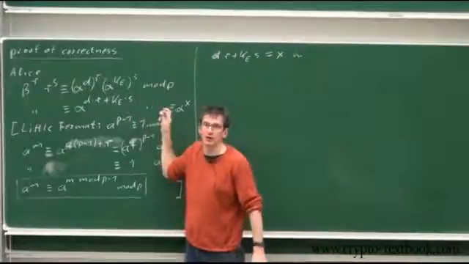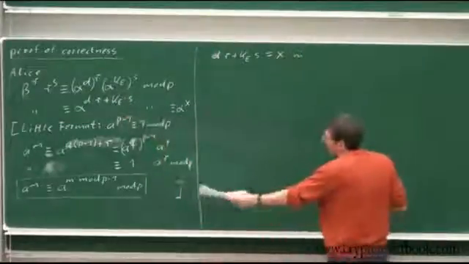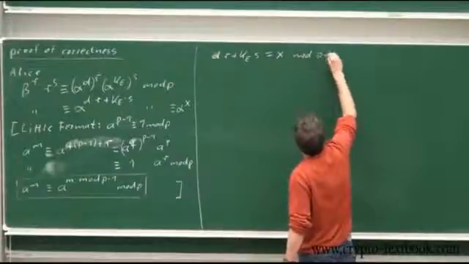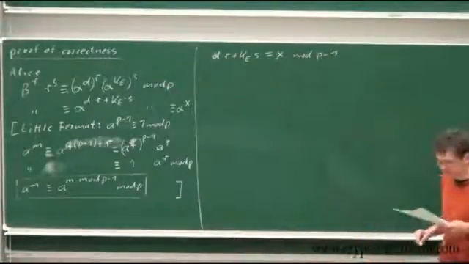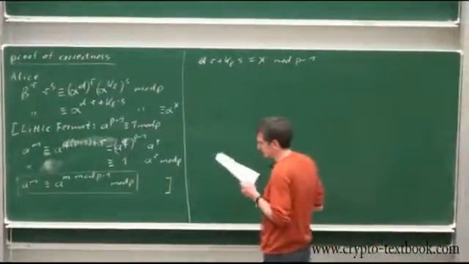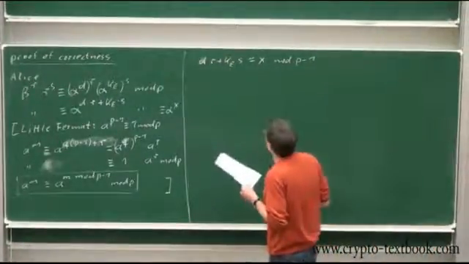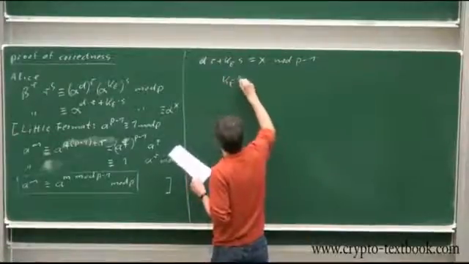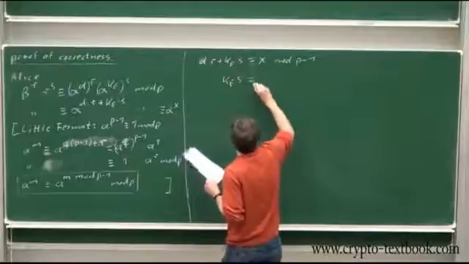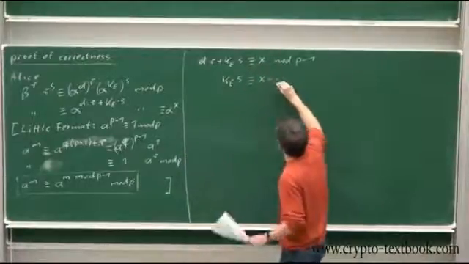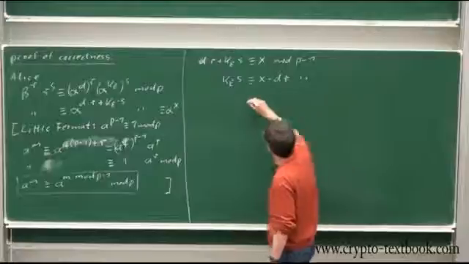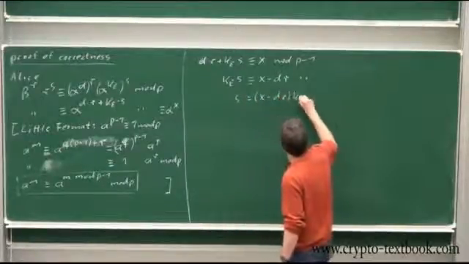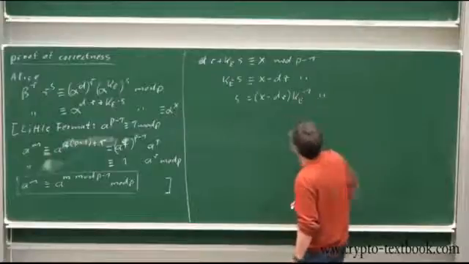We compare the exponents, and from little Fermat we saw that we are allowed to do mod p minus 1 arithmetic when we work with the exponents here. Okay. And now we just do some simple reordering.